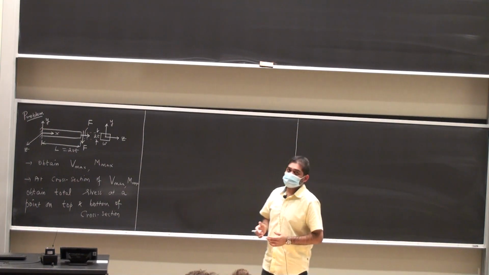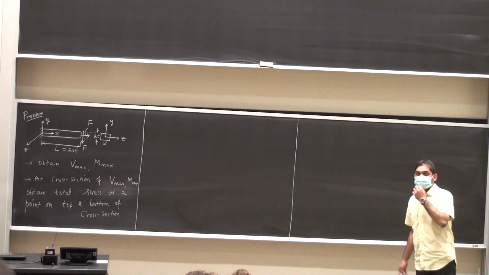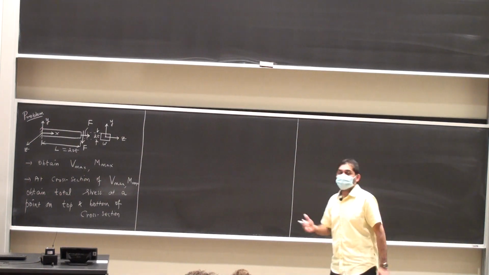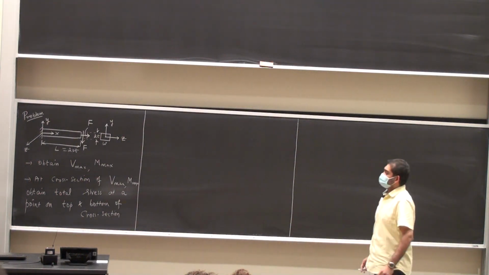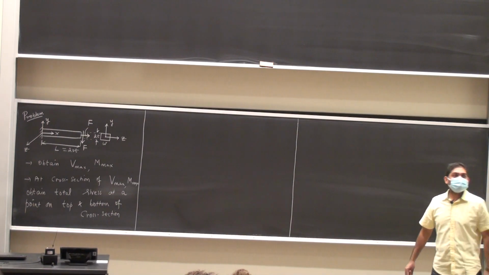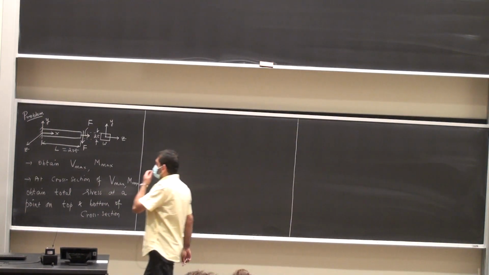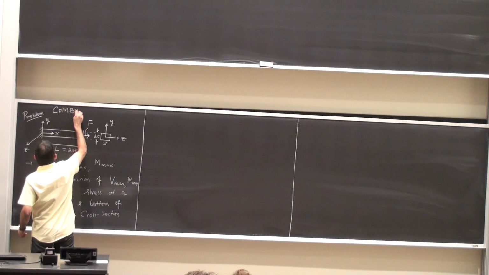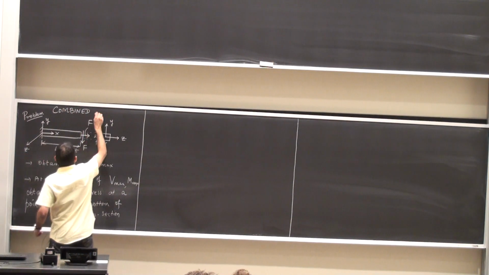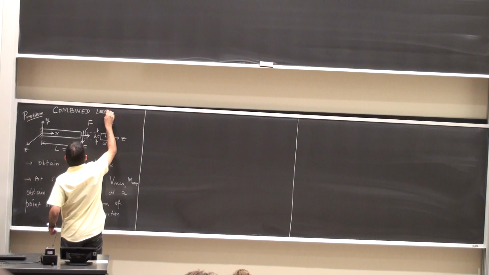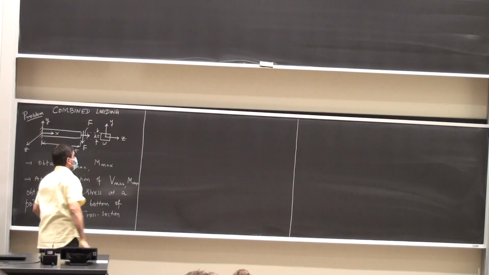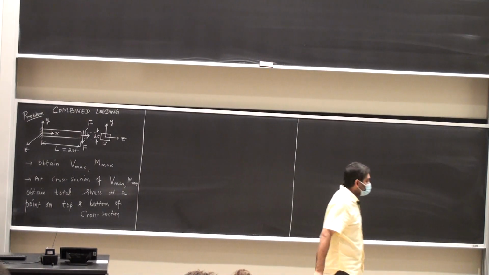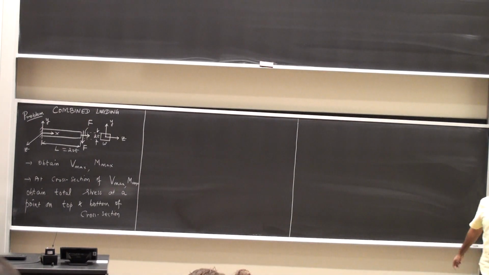So we have to tread a little carefully. I'm choosing the simplest cross section possible to start off this kind of analysis, and this is called a combined loading problem. This is in 2 dimensions for the time being. We will then start looking at things in 3 dimensions.